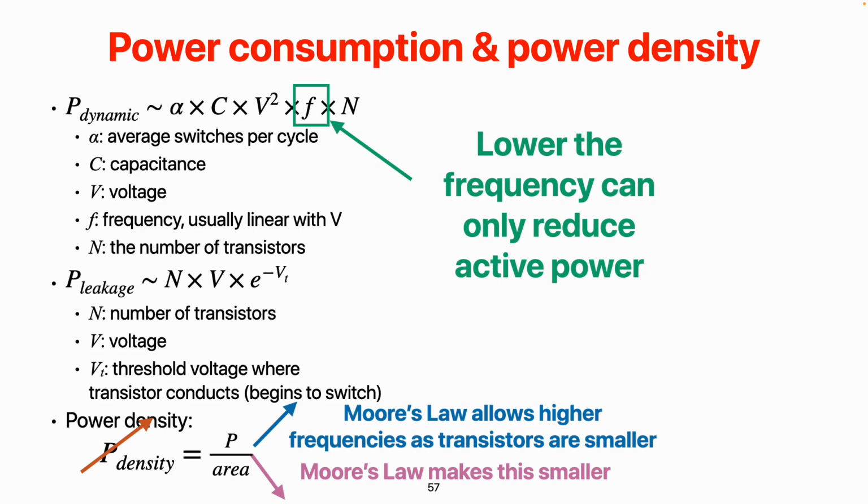A majority of the power consumption actually comes from the other side, the leakage power. And again, what's the source of the leakage power? It's not because you are operating. It's because you are powering on the transistors. Even though they are not doing anything, they will still consume leakage power.